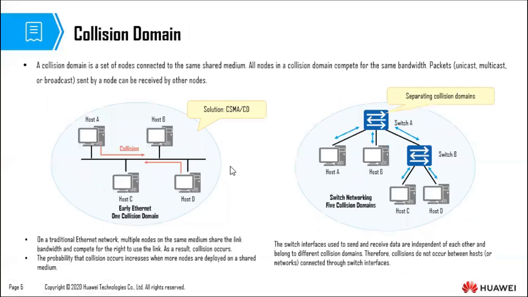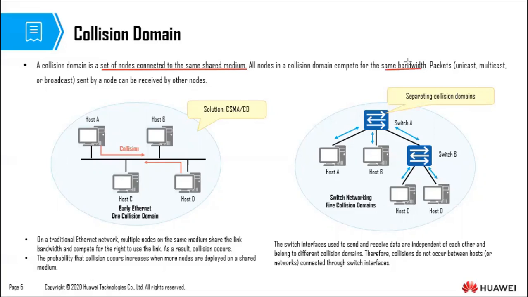So let's see what a collision domain is. A collision domain is a set of nodes that are connected to the same shared medium. So all nodes in a collision domain compete for the same bandwidth.